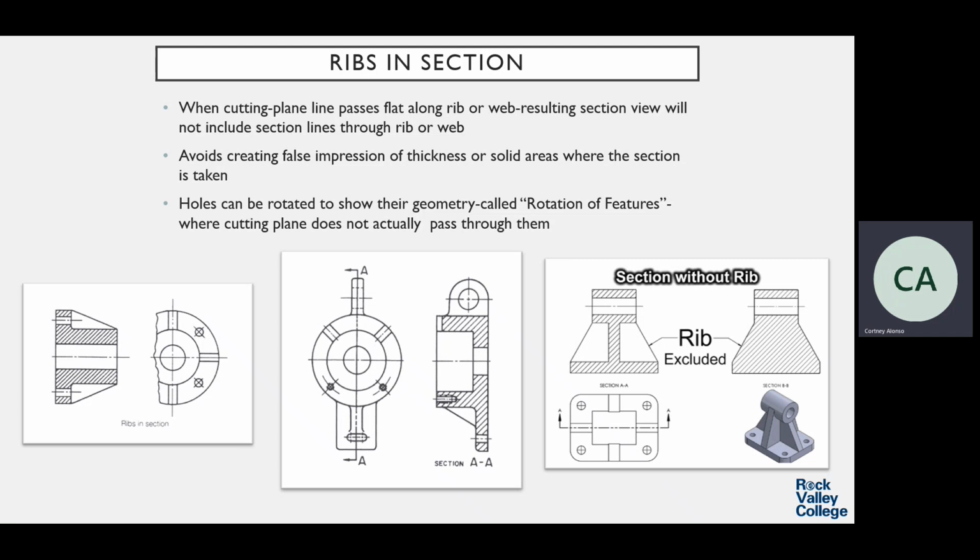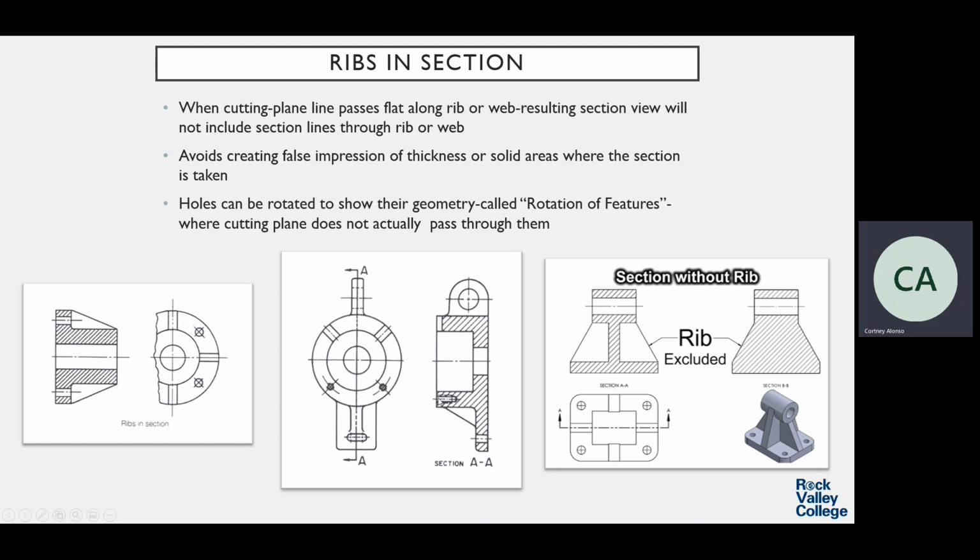Holes can be rotated to show their geometry. This is called rotation of features, used where the cutting plane does not actually pass through them. So this is saying, yes, I'm cutting through here, but I might be showing additional information to allow the viewer to manufacture the part without confusion.